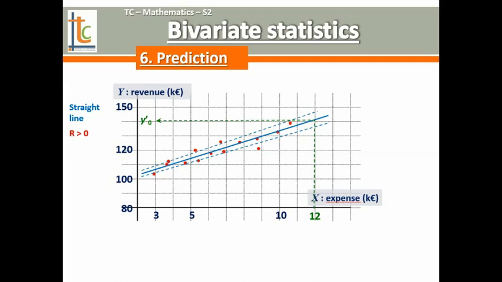The dotted lines represent the average thickness of the cloud, but they widen. It means that their distance around the line increases with x. So the bigger x and y are, the bigger the possible variability will be. It's an assumption, but it corresponds to many concrete situations.